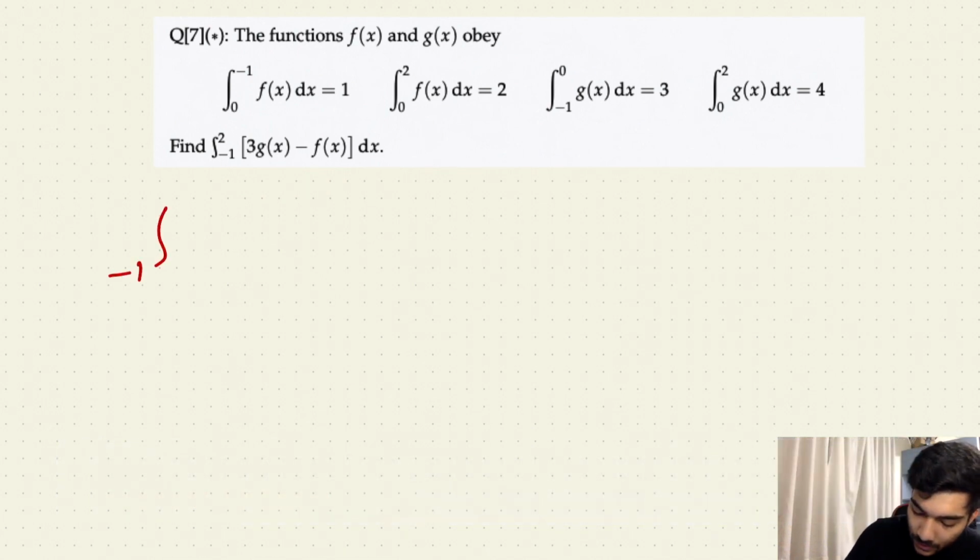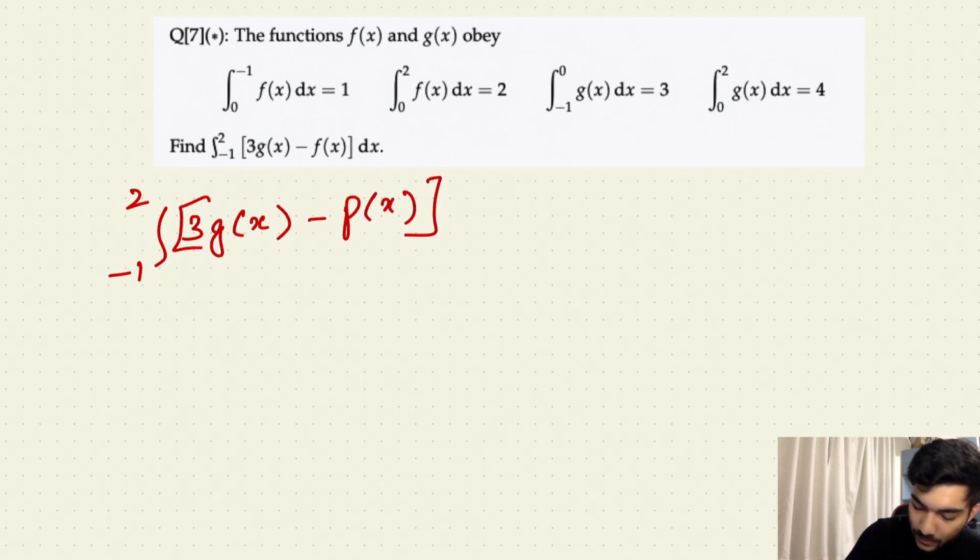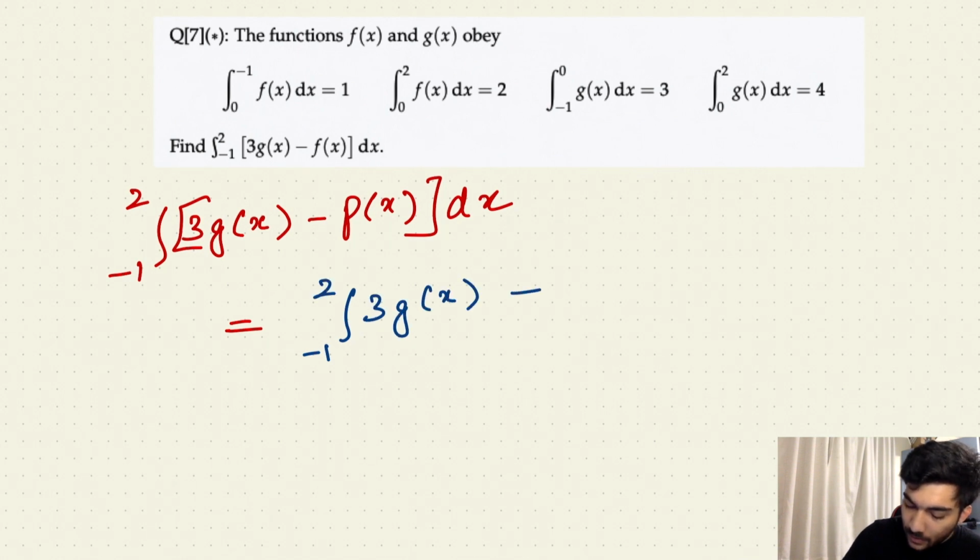We have to calculate the integral from minus 1 to 2 of (3g(x) minus f(x)) dx. If we simplify it, let's break both of these functions by using the sum property of definite integrals. So it will become the integral from minus 1 to 2 of 3g(x) dx minus the integral from minus 1 to 2 of f(x) dx.